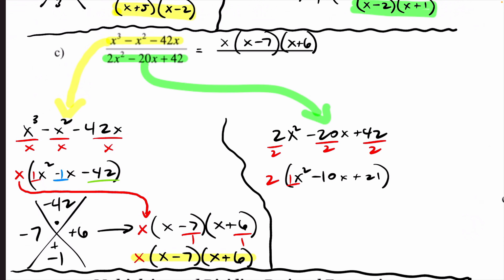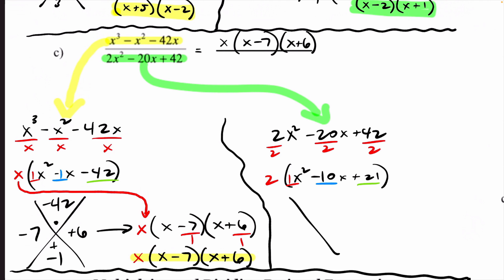A is 1, B is negative 10, C is 21. A times C, 1 times 21 is 21. Negative 10 goes here. What are the two numbers that multiply to be 21 and add to be negative 10? Negative 7 and negative 3. So don't forget about your GCF.